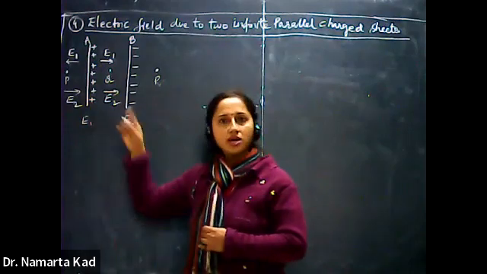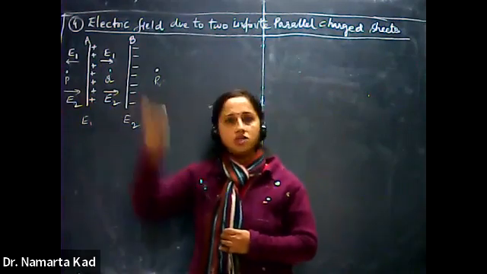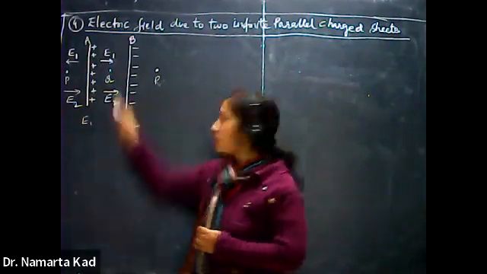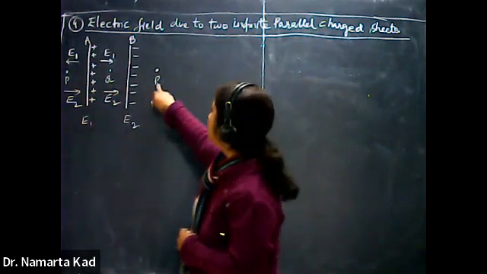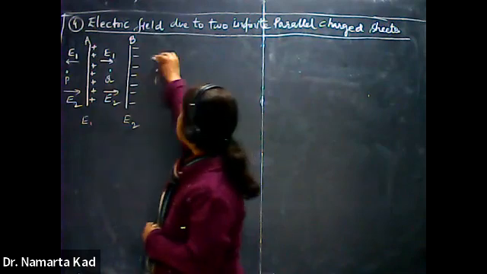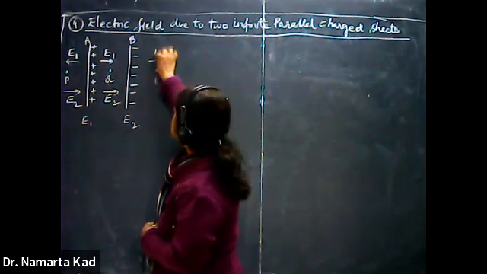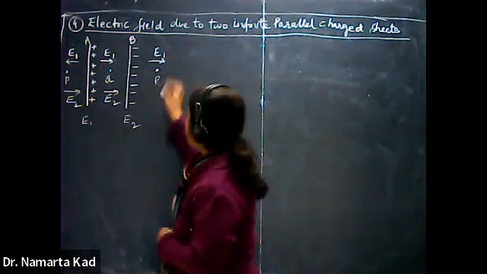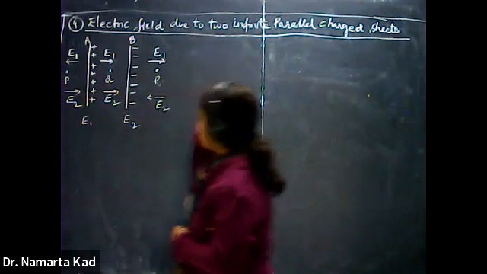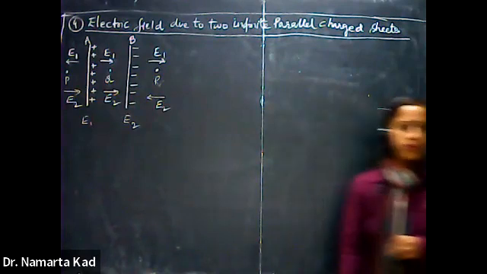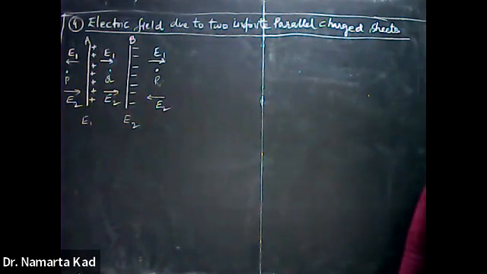For the negative charge it is towards the charge sheet, and for the positive charge it is away from the charge sheet. Now at point R, the direction for E1 is this one, and for E2 it is like this. So these are the directions for the E1 and E2 vectors at the different locations P, Q, and R.